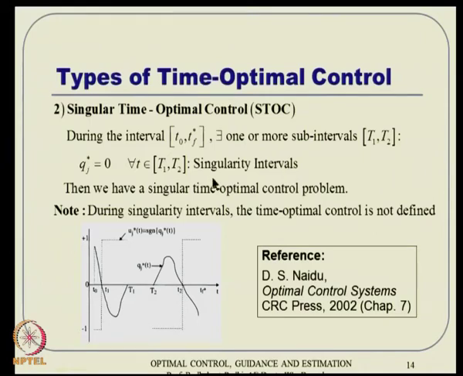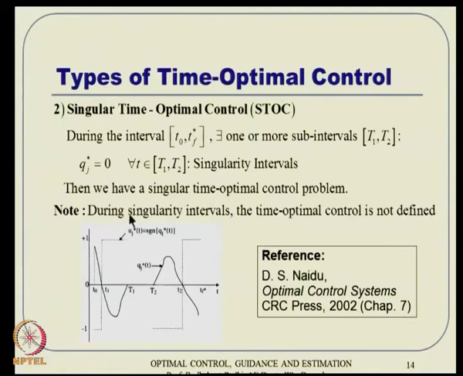In other words, the problem is called singular time optimal control, where in this segment T1 to T2 the control is really not defined. While implementing, you can put it 0, but mathematically speaking, within T1 to T2, the control is really not defined.